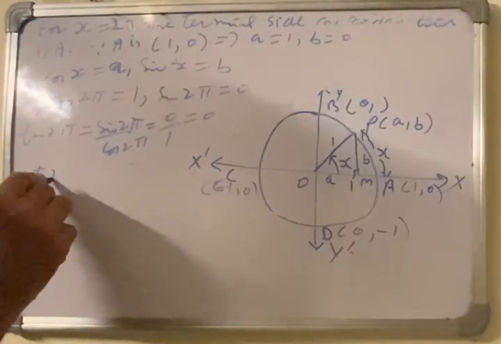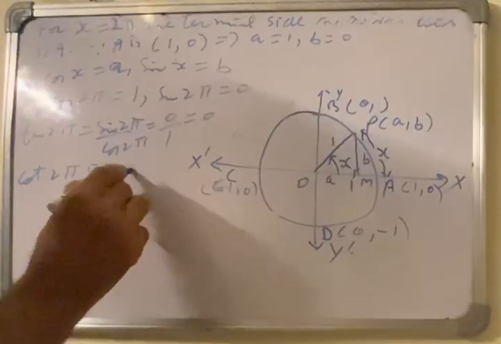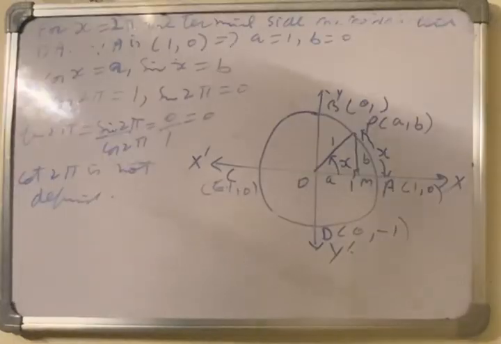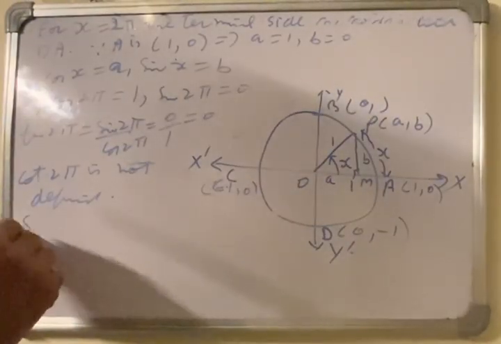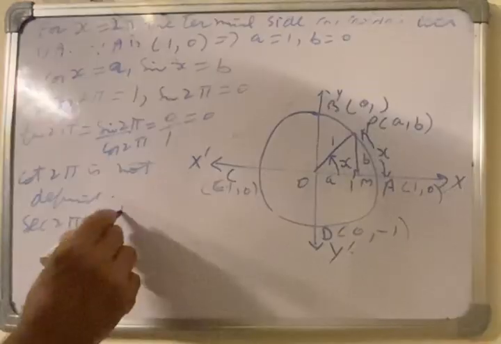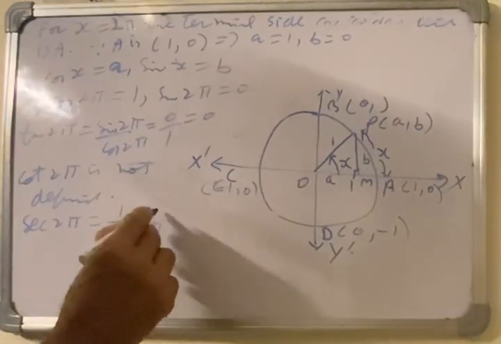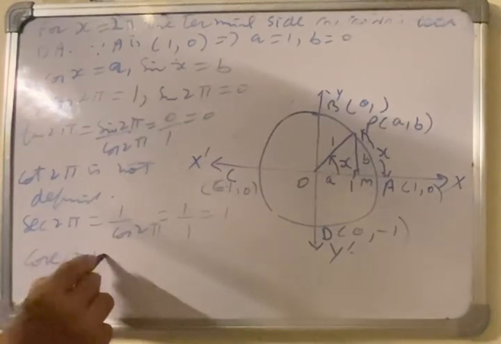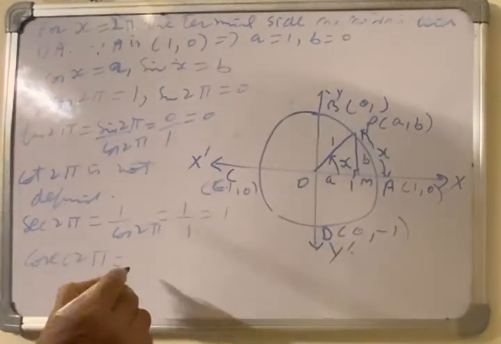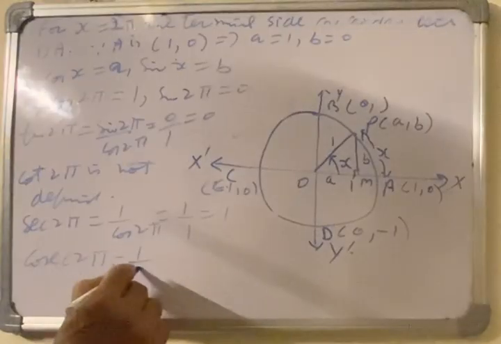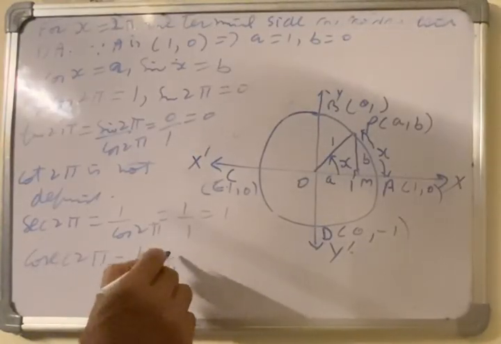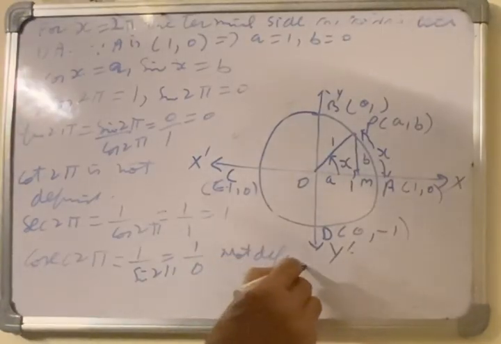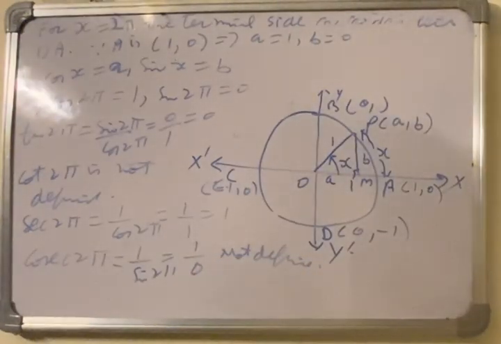Cot 2 pi is not defined because it is the reciprocal of tan 2 pi, which is 0. Secant 2 pi is 1 over cos 2 pi, which is 1 over 1, 1. Cosecant 2 pi is equal to 1 over sin 2 pi, which is 1 over 0, not defined.